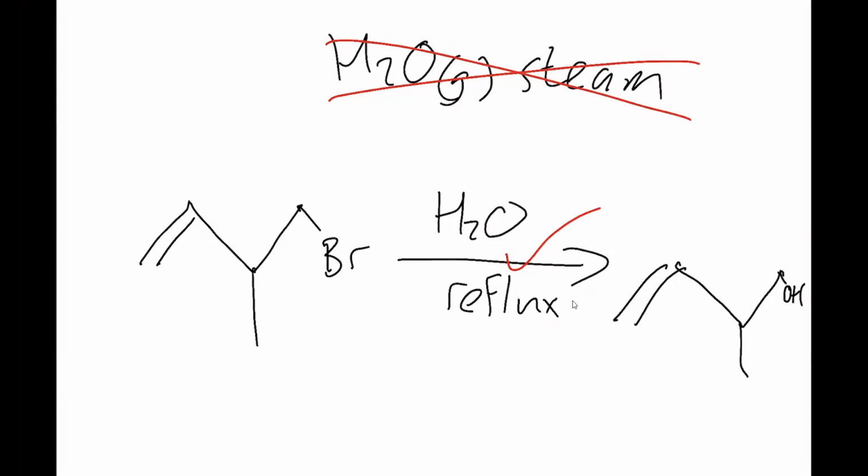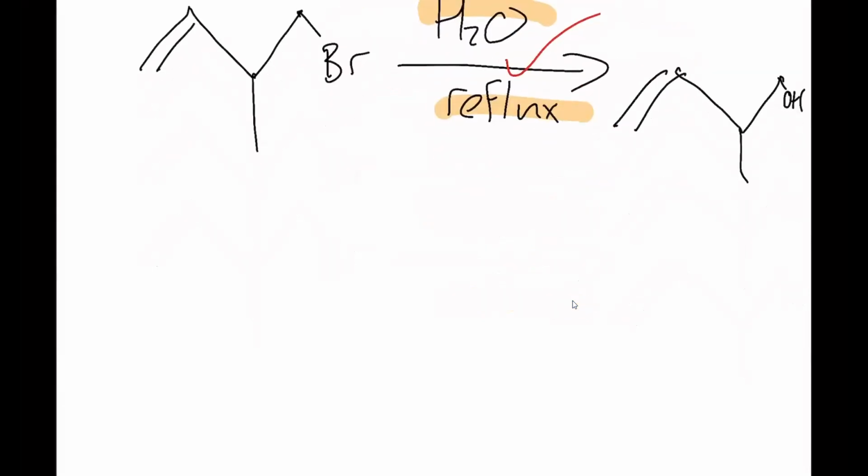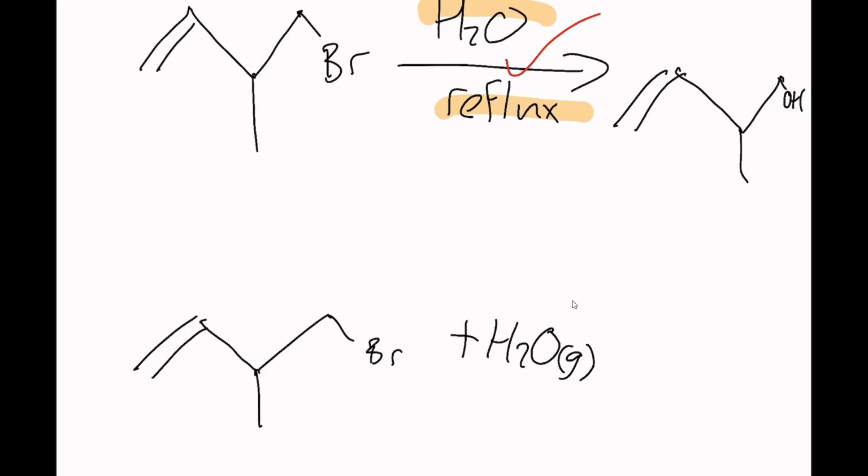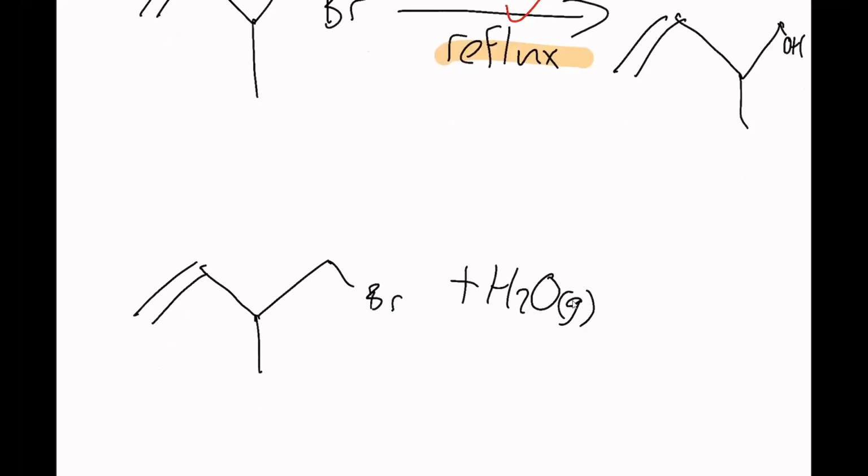No. You're good, good. But can you see how important the specific conditions are? This is H2O reflux. It's not H2O gas as steam. H2O gas as steam would have given us the addition. So if we look at that as an example, if we do exactly the same molecule there with bromine and that over there, and we did H2O gas, we're going to get the addition product.